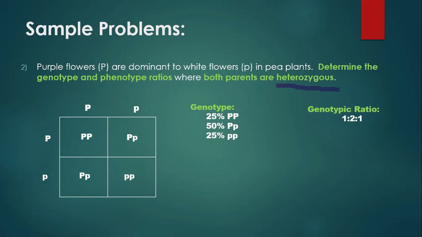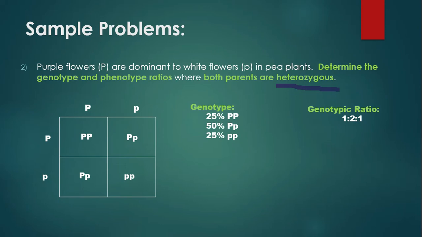Now, as for the genotypic ratio, you have to compare the boxes. How many are expressed in both capital letter P, or homozygous dominant? This one represents the 25% homozygous dominant. The 50%, or the 2 in here, is represented by heterozygous. So 2 is represented by the 2 boxes, or the 2 results, wherein it is expressed in heterozygous.